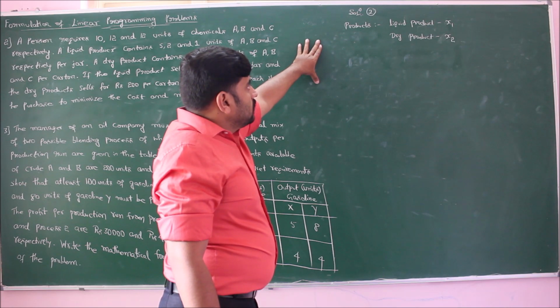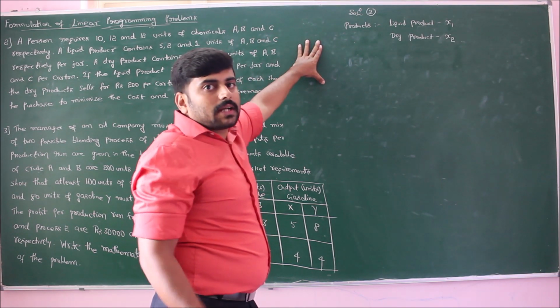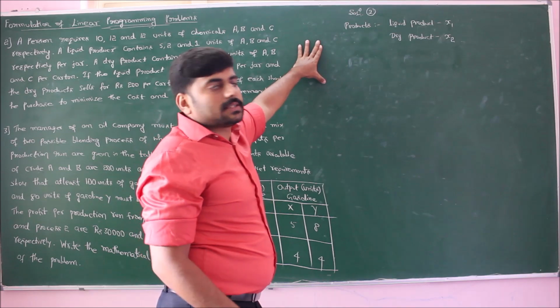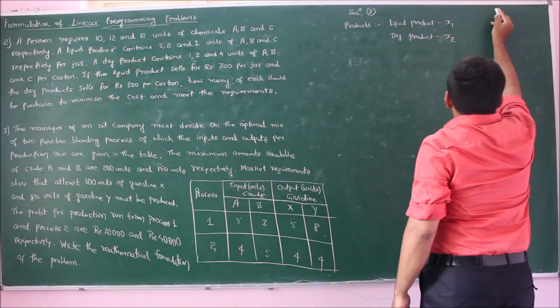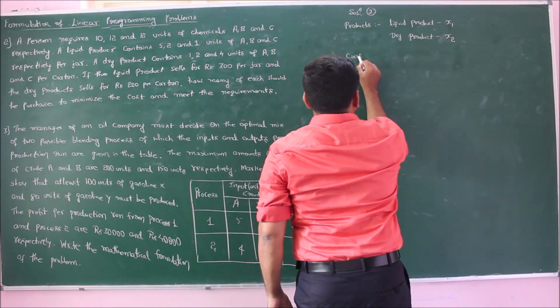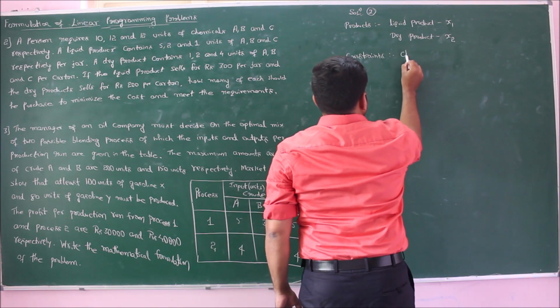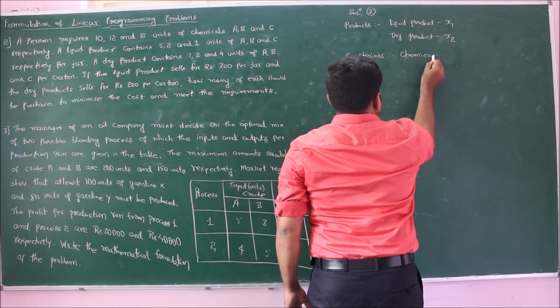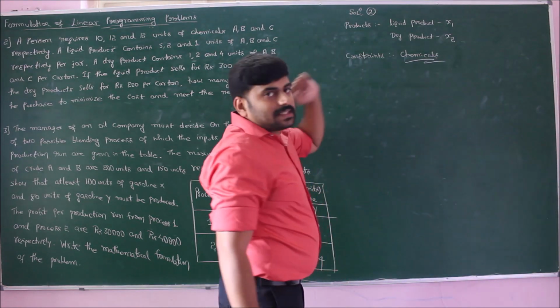Now the constraints involved in purchasing these liquid and dry products are the chemicals. So how many chemicals are there?